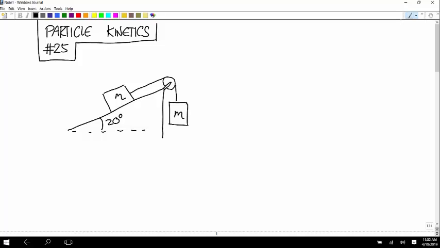It's the smallest coefficient of static friction. The wording is a little messed up, but what's the smallest coefficient of friction where they would stay at rest?